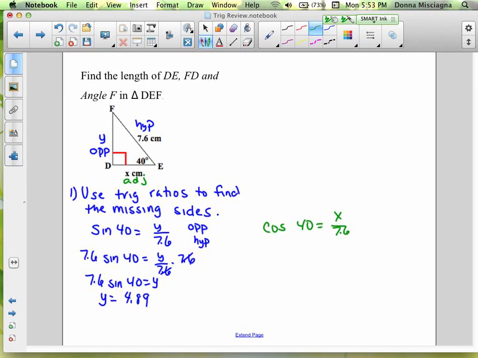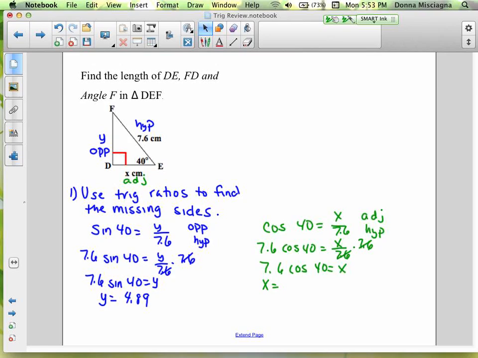We're using cosine because we're looking for the adjacent and we know the hypotenuse. This is going to be very similar to the last problem. We're going to multiply both sides by 7.6. That'll cancel. So we have 7.6 cosine 40 equals x. Now we'll just plug that into a calculator.